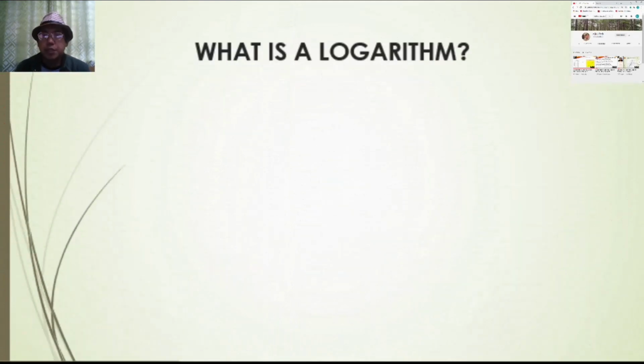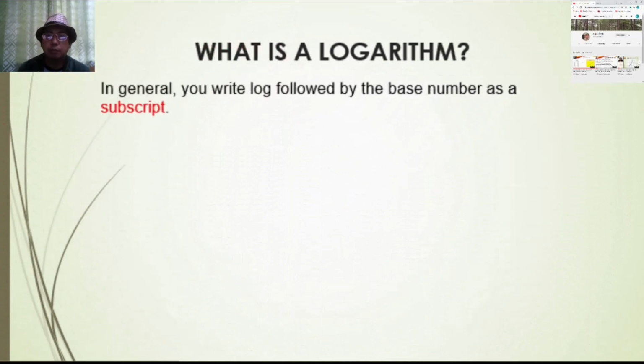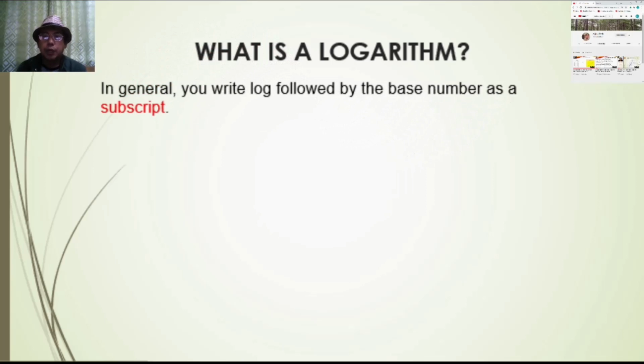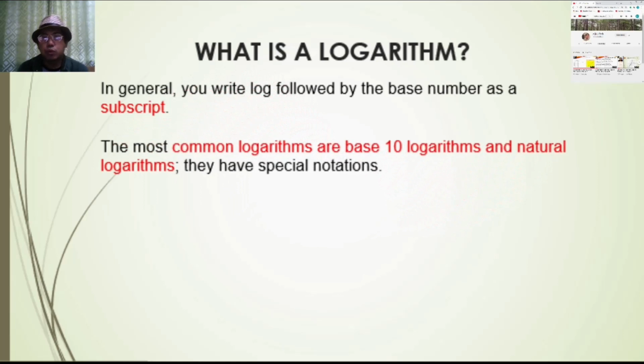You will notice that a logarithm, in general, you write the word log followed by the base number as a subscript. Okay? The most common logarithms are base 10 logarithm and natural logarithm.